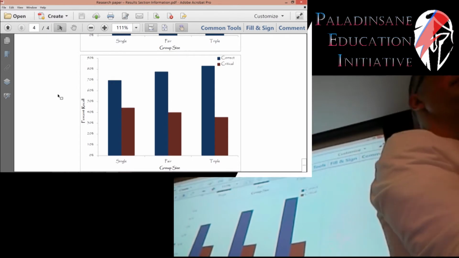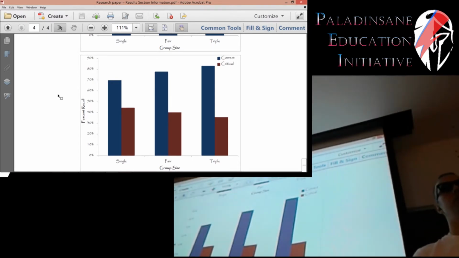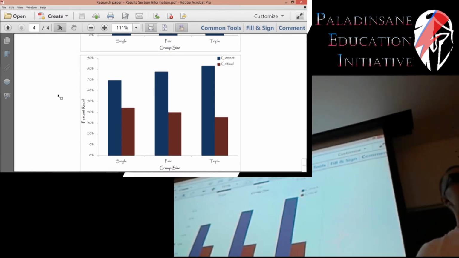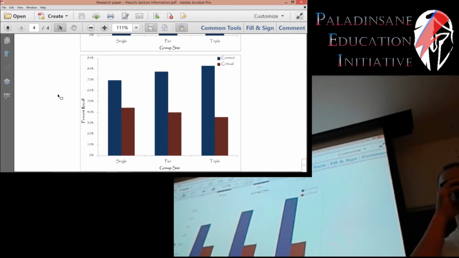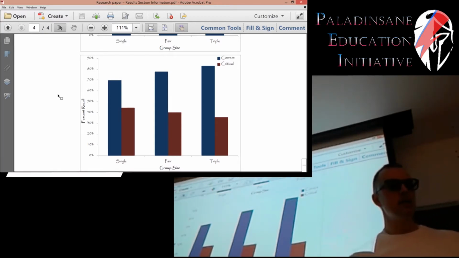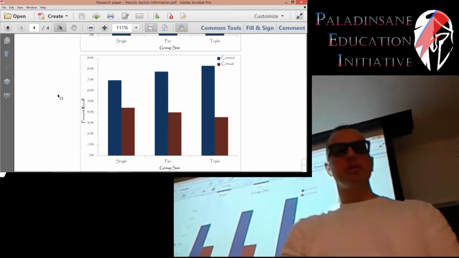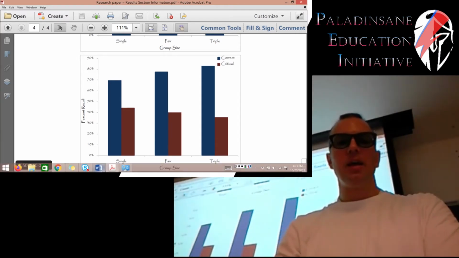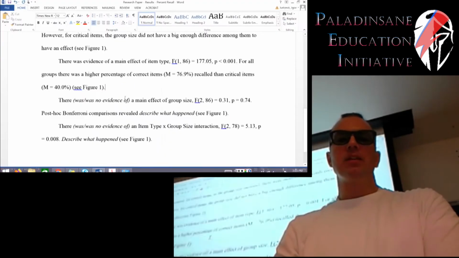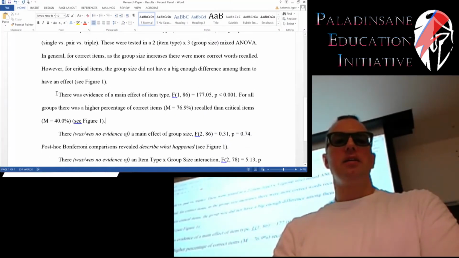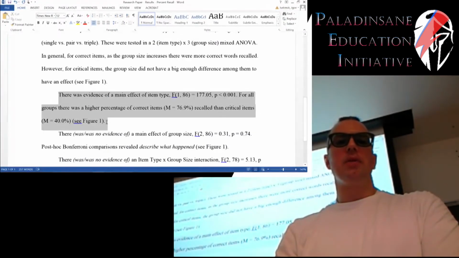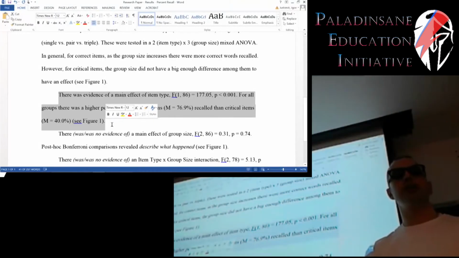Yep? That's for mean. Yep. Just double check. No, absolutely. That is something that, once again, P354. And also, this is one of the things that we can do here because the results section is so structured.